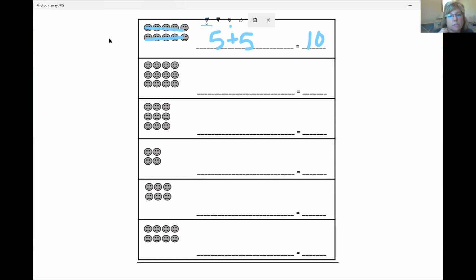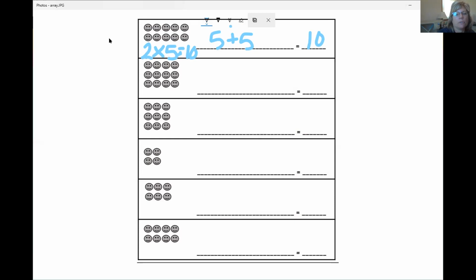That would be the addition problem that goes with that array. How can we make that a multiplication problem? There are 2 rows times how many in each row? 5. 2 times 5 equals 10. Okay, let's try the next one.